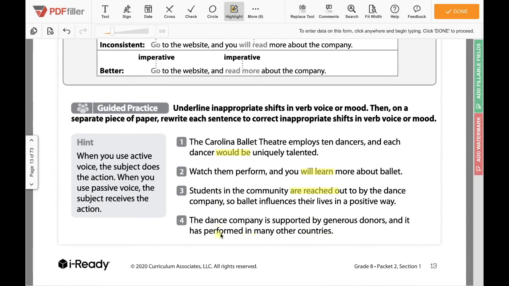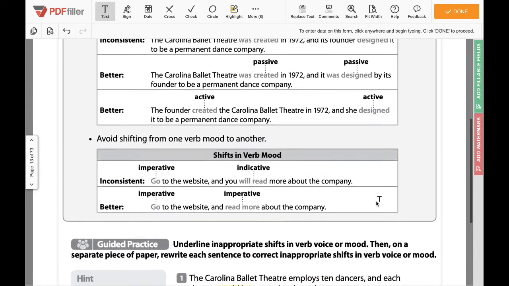And so we know that the is supported, we need to change that to be more of the active voice, which 3 is also dealing with, that active and passive voice, and the first 2 are dealing with those verb moods.